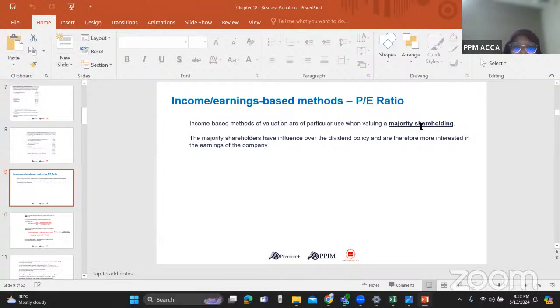The reason is, it is an earnings-based method. Only if you're a majority shareholder, you can influence earnings. If you're a minority shareholder, there is no way for you to influence the earnings of the company. So that is why only if we are valuing the majority shareholding, it's a good option to use the PE ratio method.